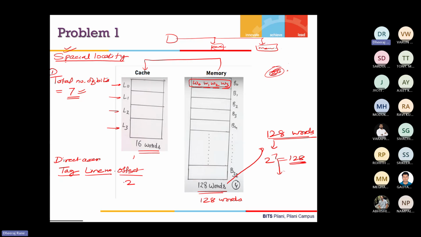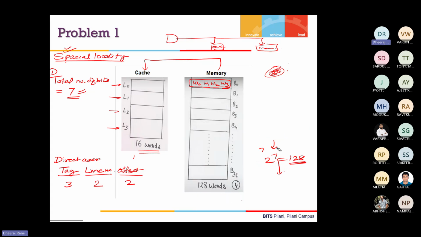So I am done with the offset. Now line number, because there are 4 lines again, I'll need 2 bits for the line number, and whatever remains, just put it in tag bits, right? So in case of direct, you will have tag as 3 bits, line number 2 bits, and offset 2 bits.